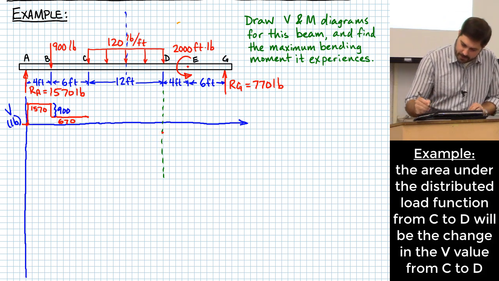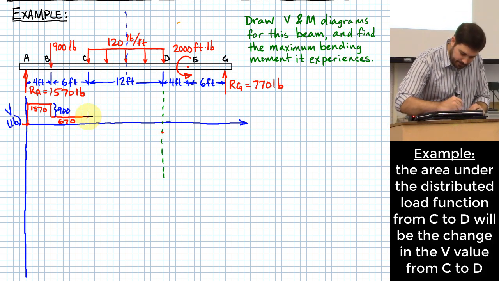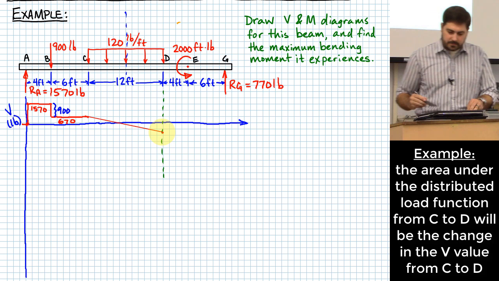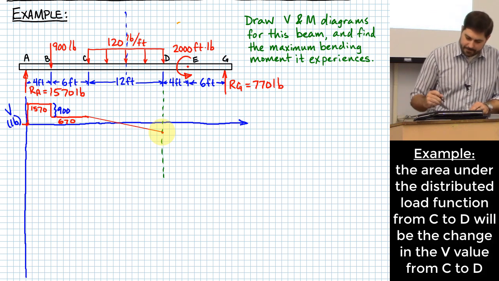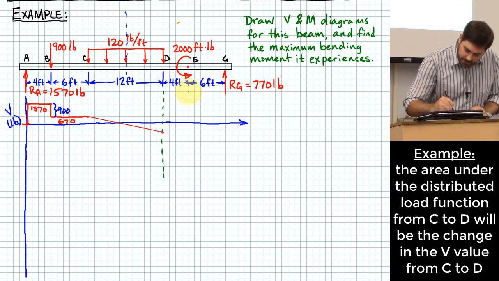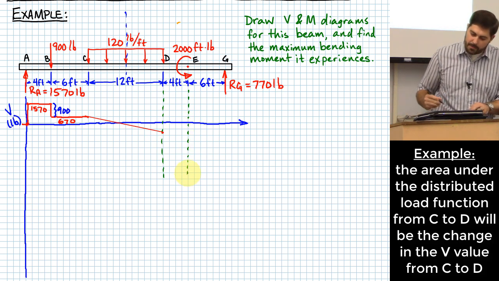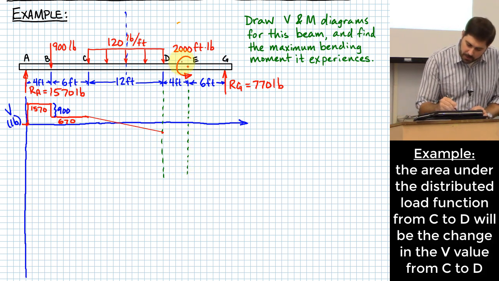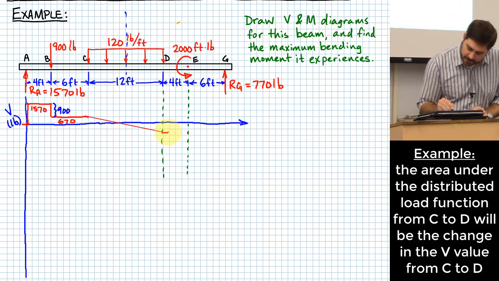And to make it super clean, I use my little line tool. Now, some of you might wonder if that concentrated moment right there would have any effect. We know that between D and E, there won't be any effect. That was rule number 1.